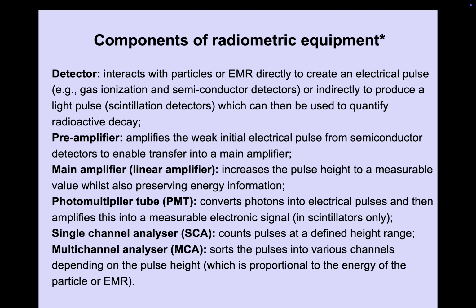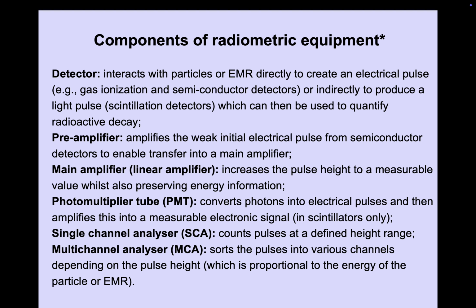Now what we have here is a slide about the different components in radiometric detection devices. This slide's really here just to help a little bit. In the coming two lectures we're going to be looking at different radiometric techniques, and this gives you a bit of information on the different parts of that analytical equipment. First up we have our detector, the actual part of the machine where we have an interaction between a radioactive emission and the detector.